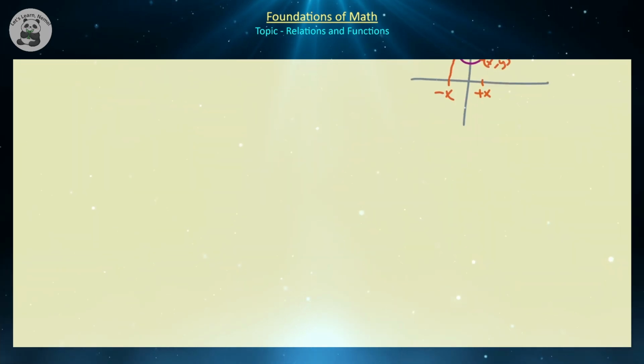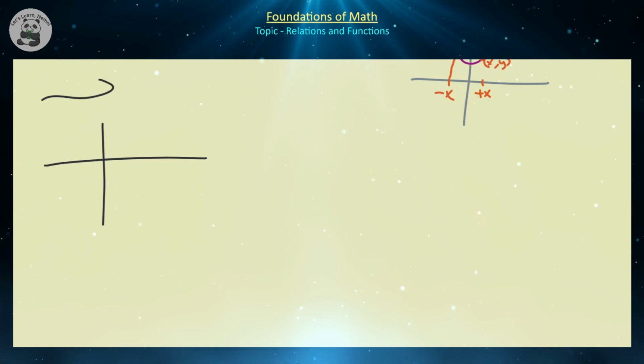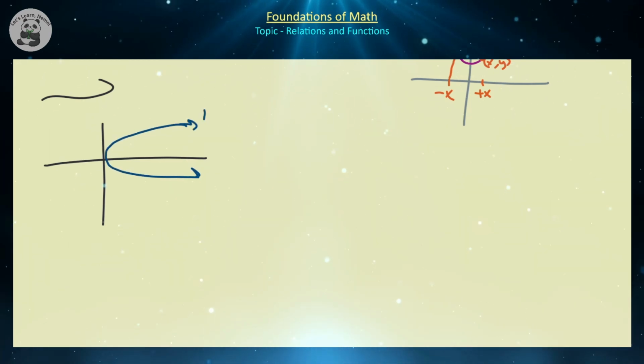So let's consider another type of symmetry. Let's give a graph of this. Let's consider the relation whose graph is given to be this. Let's again assume that this is x and this is y. So if I were to choose an arbitrary y value, that's going to be associated to some value of x.